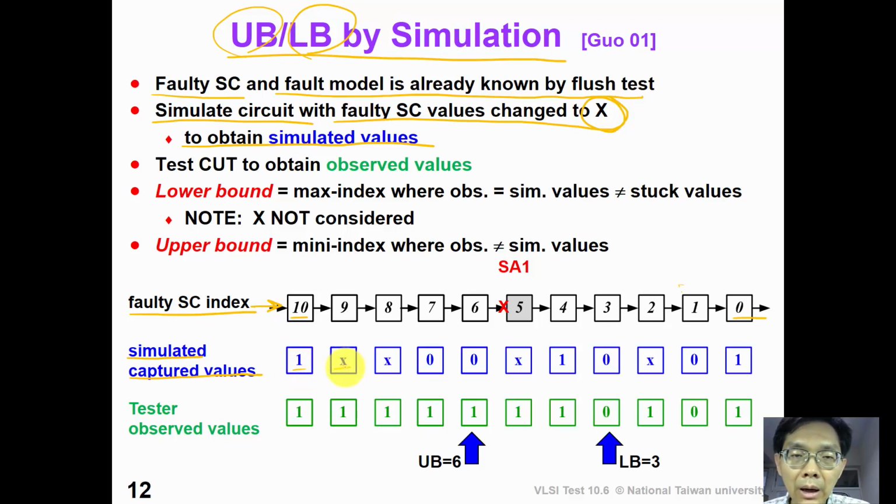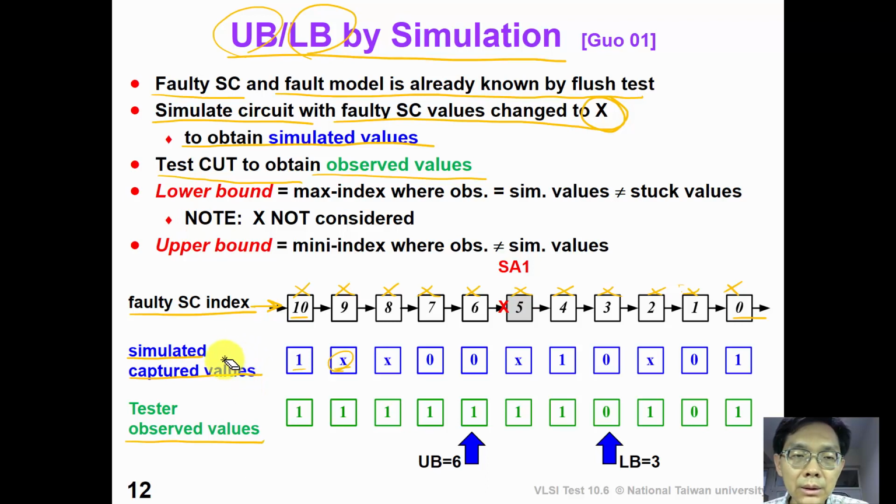Some of them are unknown, because during the simulation, we force every scan cell of the faulty scan chain to unknown. And then we test the CUT on the tester. We can observe the actual values from the tester. The green color shows the actual values that we observe from the tester.